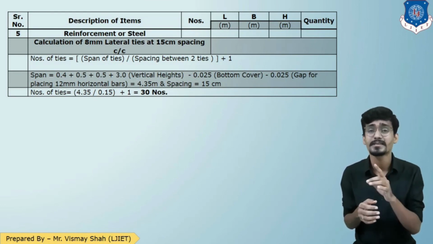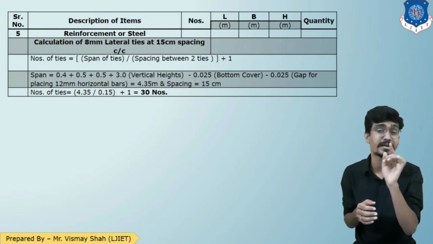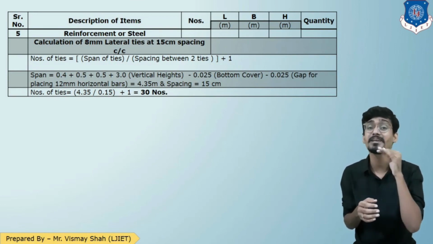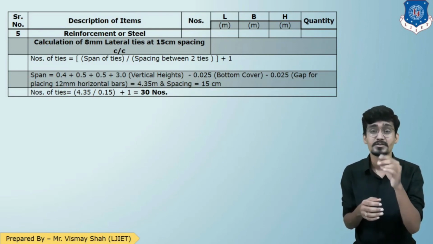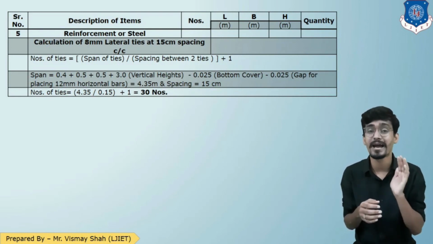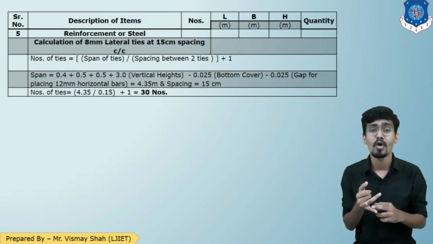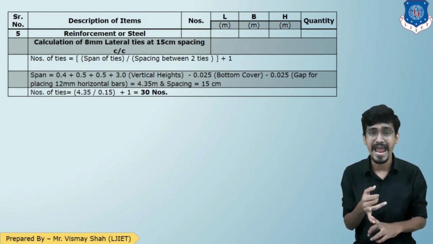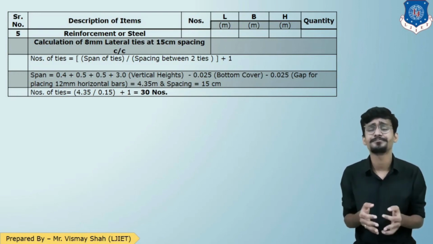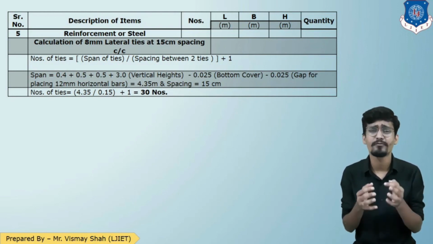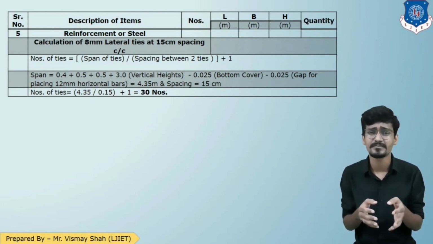Here I have not included the slab because at the slab there will be no vertical tie of the column. There will be the reinforcement of the slab. So only up to 3 meter height is considered. Now out of this height we need to deduct the bottom cover and the bottom gap for horizontal, and we'll get the span as 4.35 meter. Spacing is 15 centimeter. So we'll get the number of ties as 30.